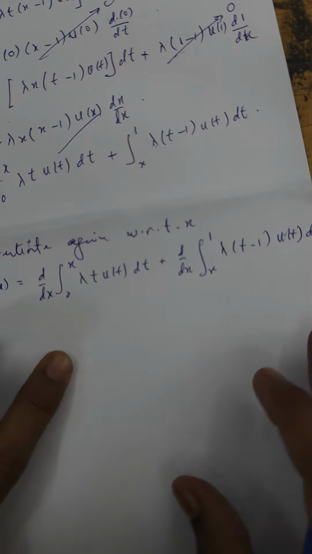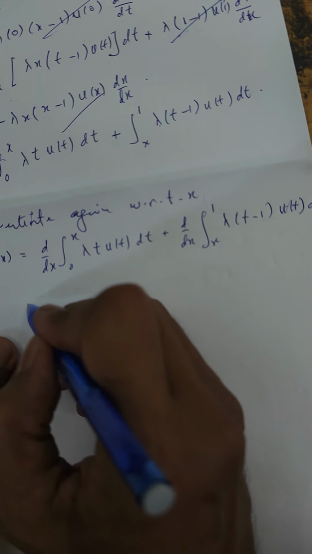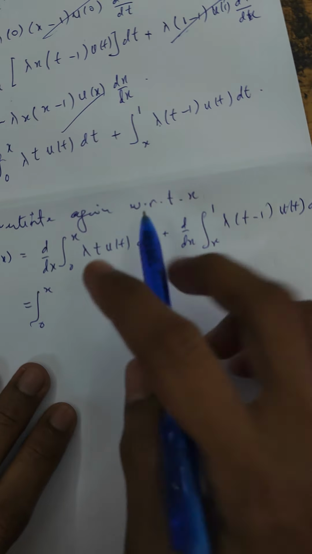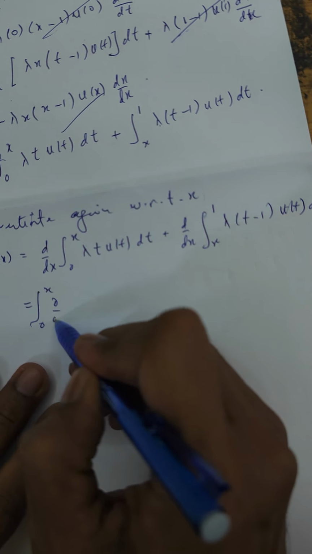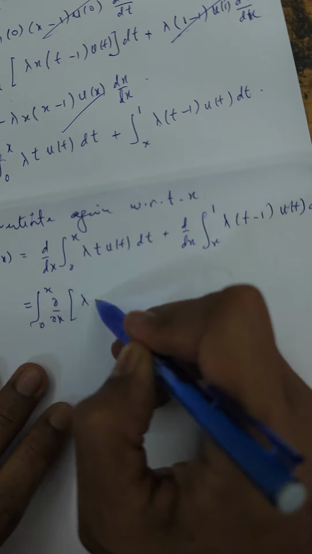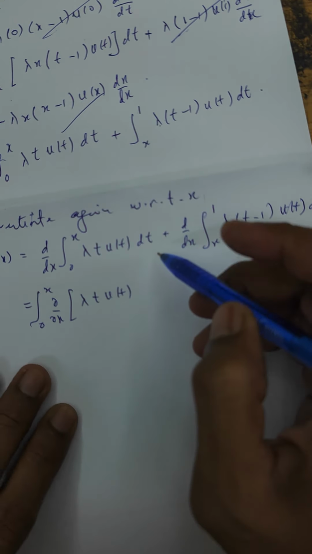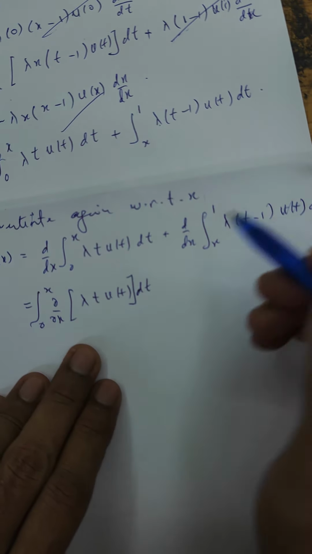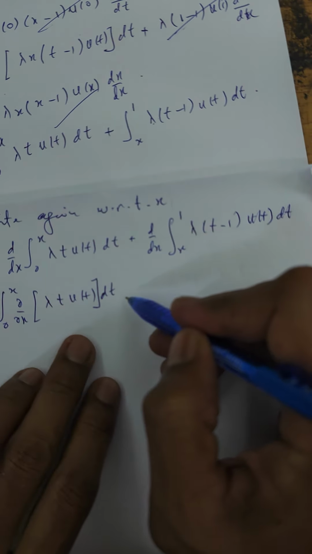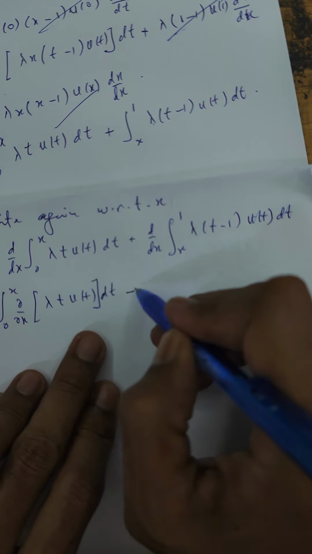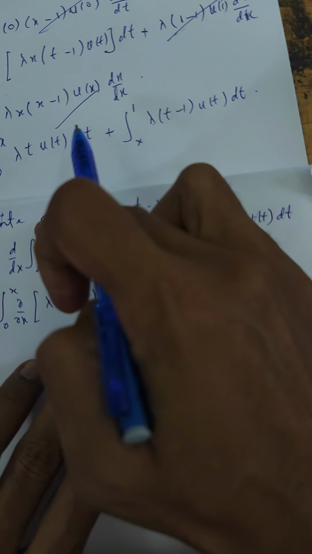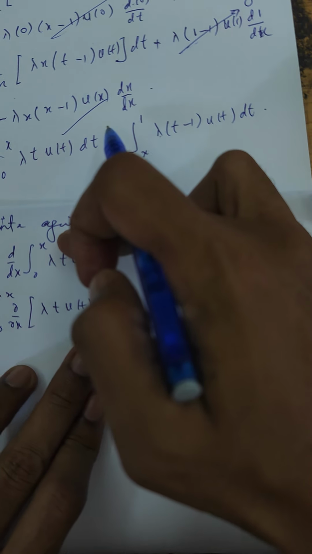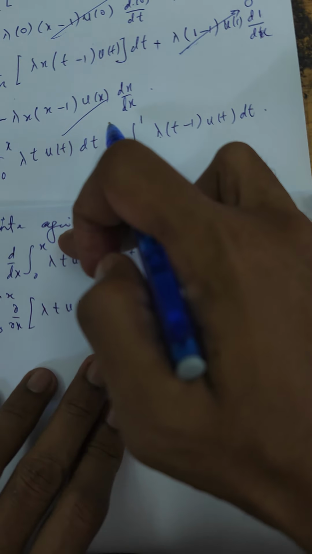Okay, and then follow the same process as above. This is equal to, we integrate from 0 to x, differentiate with respect to x, the partial with respect to x of everything there, lambda t u(t) dt, plus then we evaluate at point x. Let me check those things.